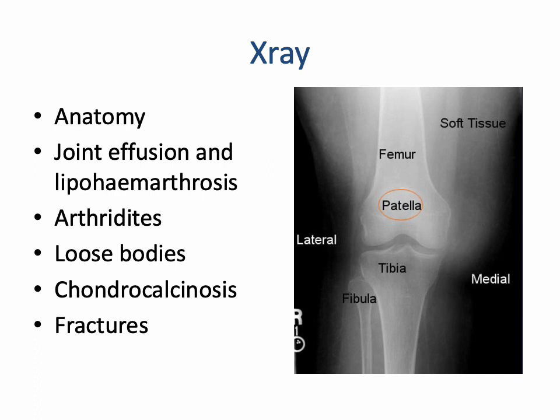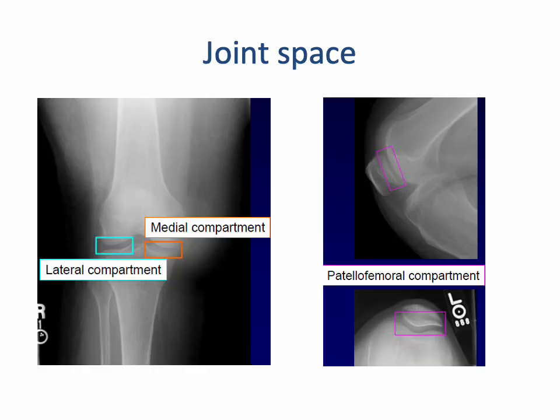We've got the lateral tibiofemoral compartment and the medial tibiofemoral compartment, and the patellofemoral compartment we see on these other views as well. Again, the patellofemoral compartment is between the patella and the femur.